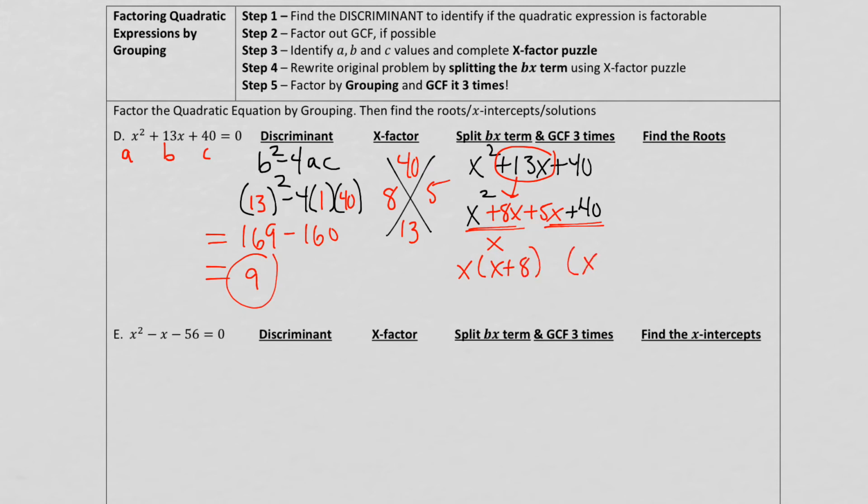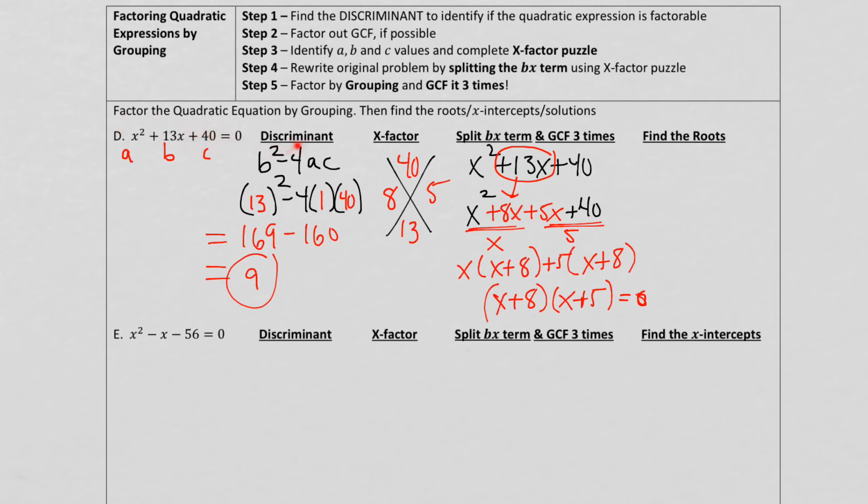And again, once we do this, we can write the second parentheses the same. Then in the second group of 5x and 40, they share a GCF of 5. So I can divide by 5 here. And I get x plus 8, and then x plus 5. So I've now factored my original quadratic.